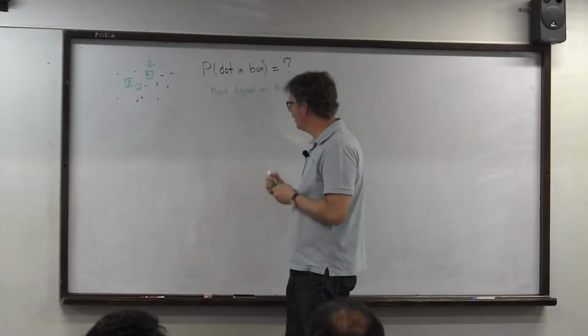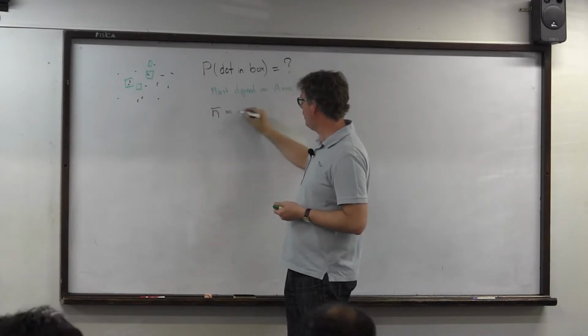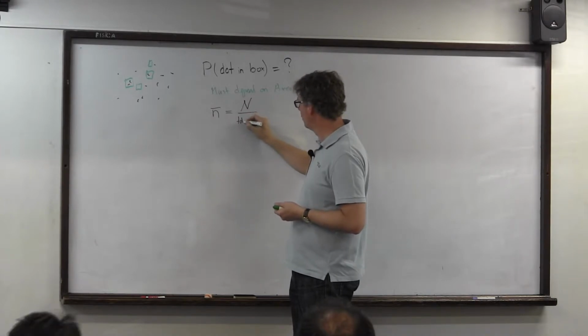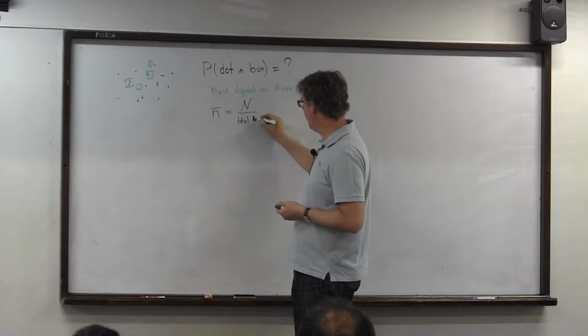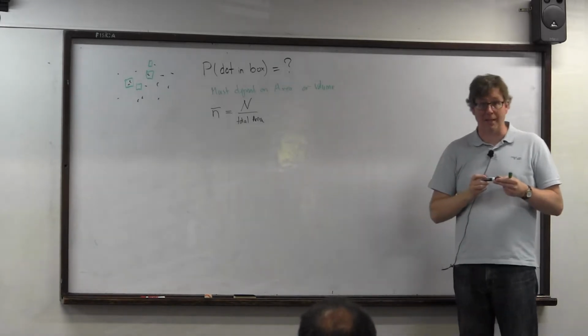So if I define n bar to be the total number over total area or volume, that's the mean density.